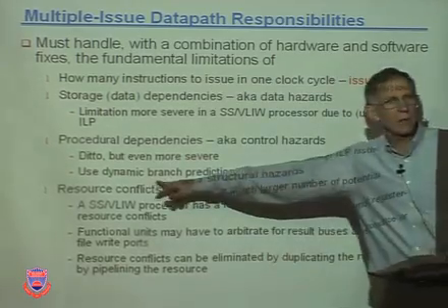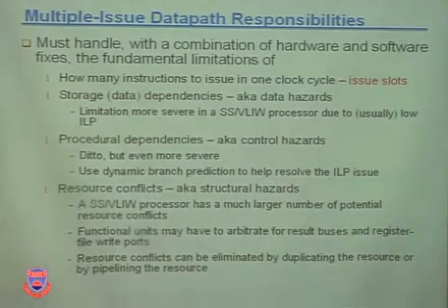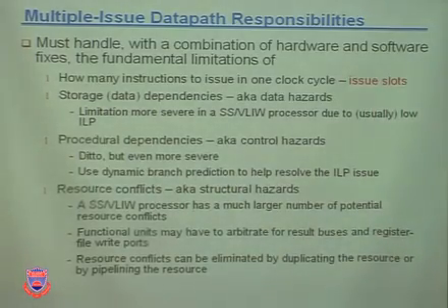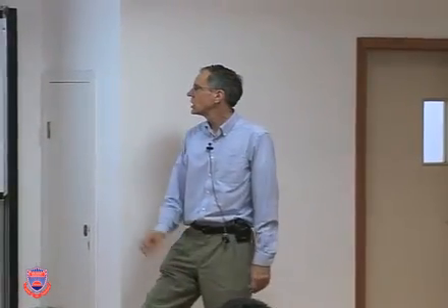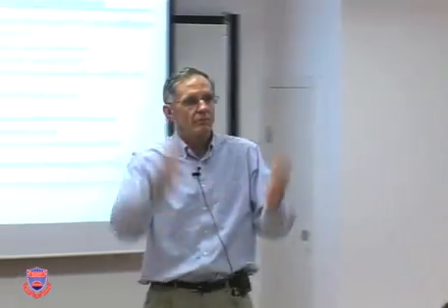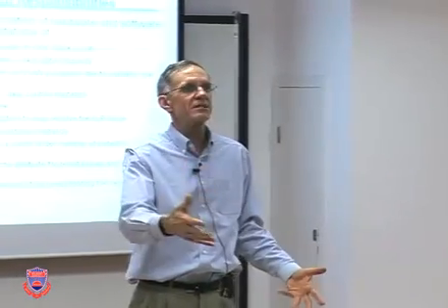And then we've got resource conflicts. We've got structural hazards as well. A superscalar or a VLIW processor has a much larger number of potential resource conflicts, and so the functional units may have to arbitrate. Even if you have 5 ALUs and 5 register files, that sounds like trouble, doesn't it?